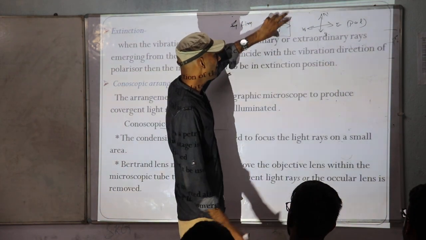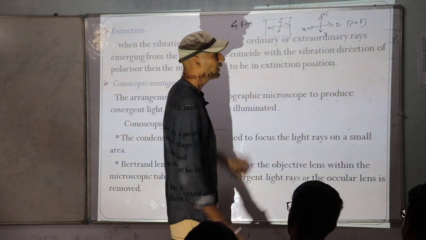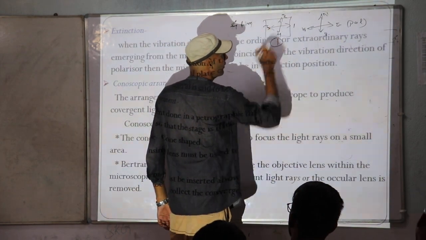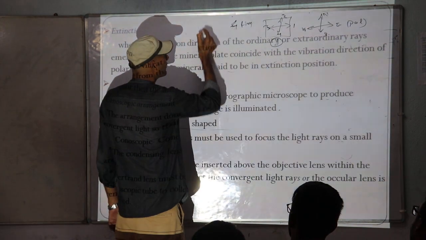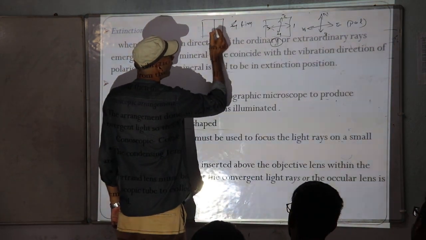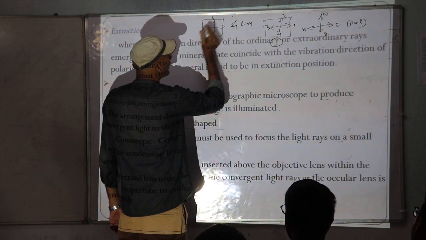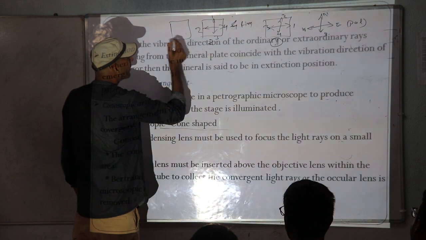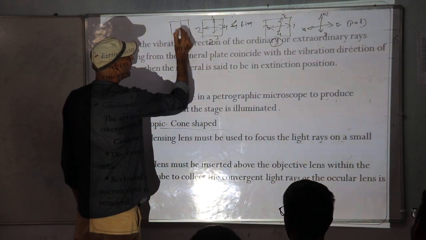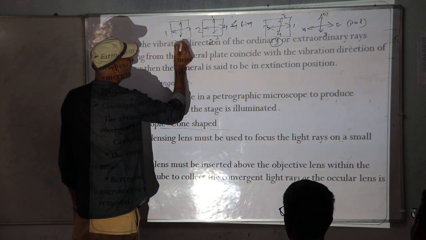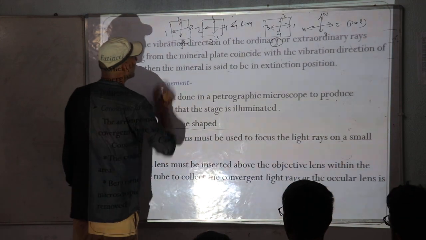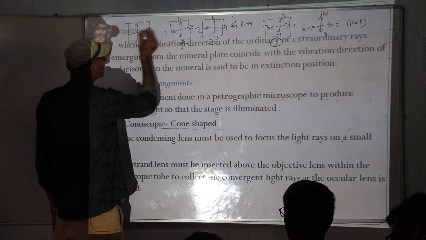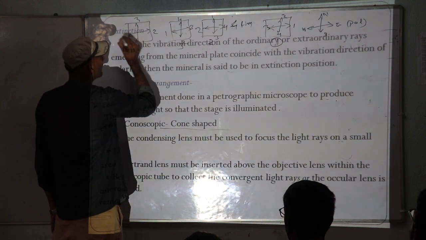You can see here, if I rotate this mineral, this is the first position, you can see 1, 2, 3, 4. In the second position, 1, 2, 3, 4. In the third position, 1, 2, 3, 4. In the fourth position, 1, 2, 3, 4.